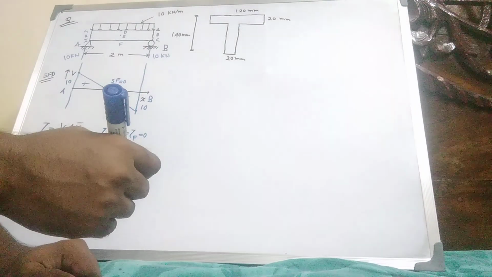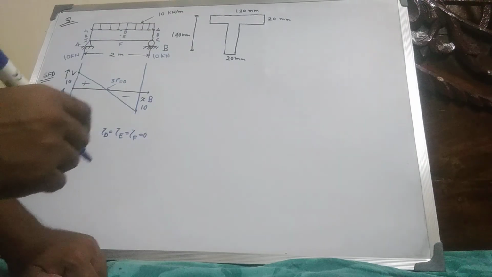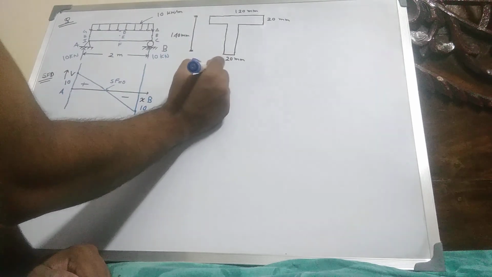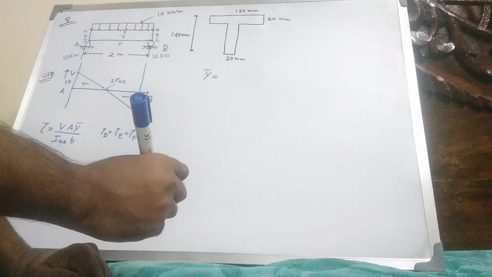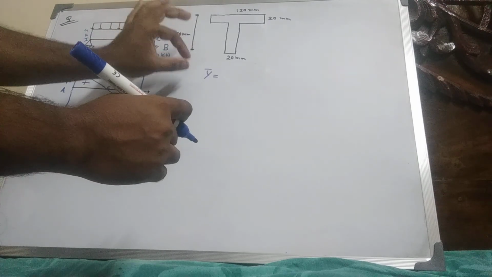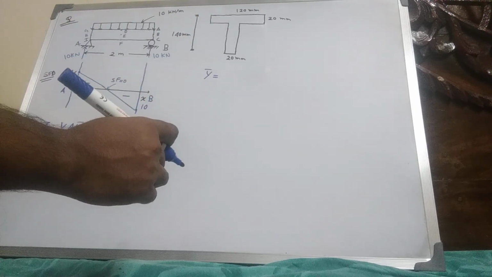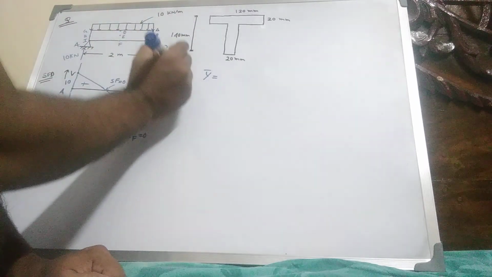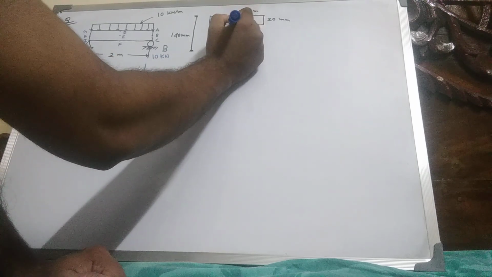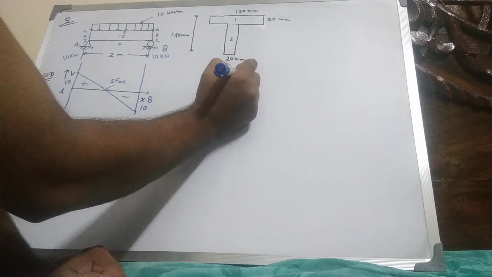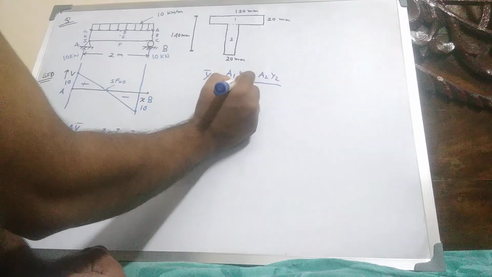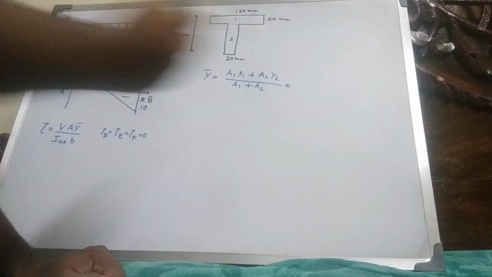To calculate the shear stress, we first have to calculate the position of the neutral axis, y bar, from the x-axis. y bar equals (A1 y1 + A2 y2) divided by (A1 + A2).